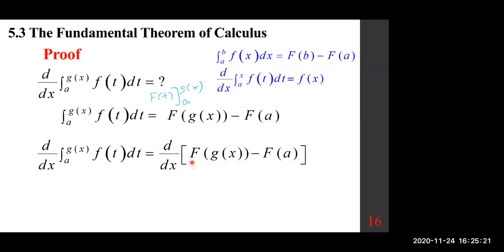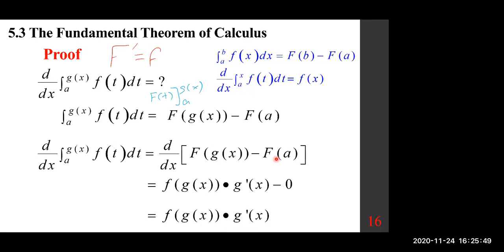So it becomes capital F prime of g of x times g prime of x. Remember, capital F prime is lowercase f. And what about F of a? We may not know what F of a is. We just know it's a constant, a number. The derivative of that is 0. And we are done.